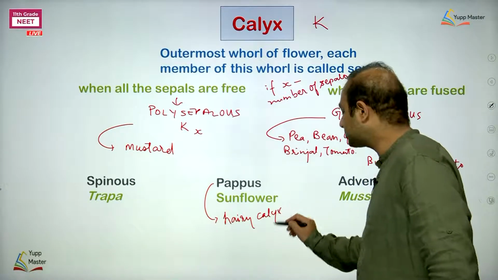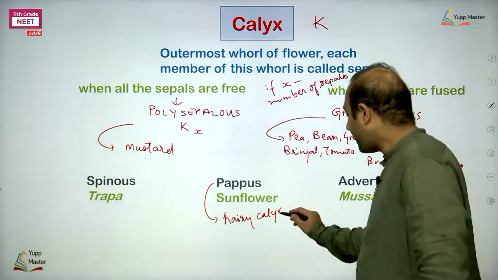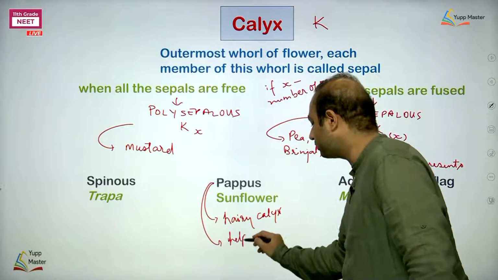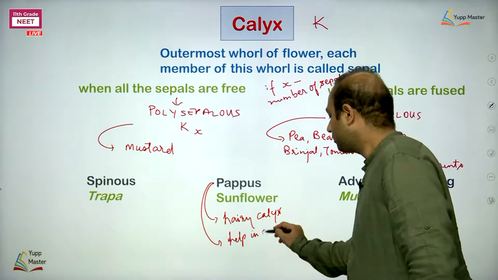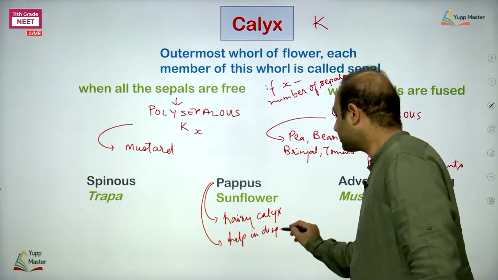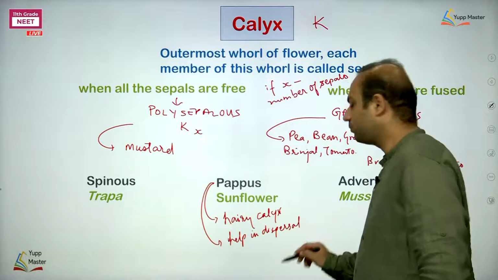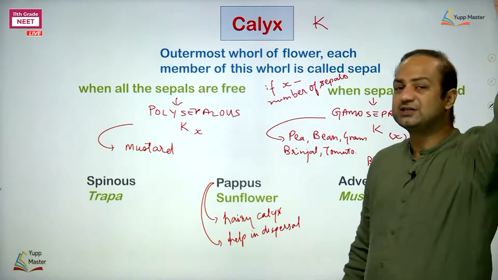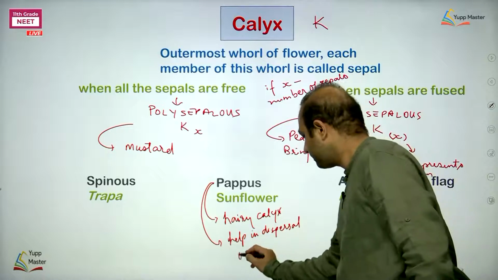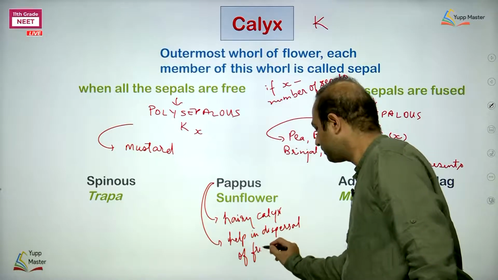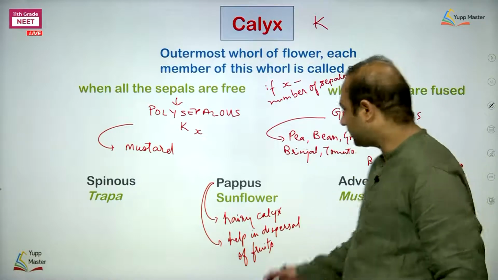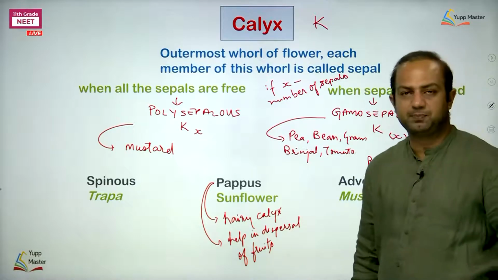The hairy calyx is called pappus, and this helps in dispersal of fruit, means supports the fruit to fly, float in the air, to reach distant places. That kind of condition we say about pappus.